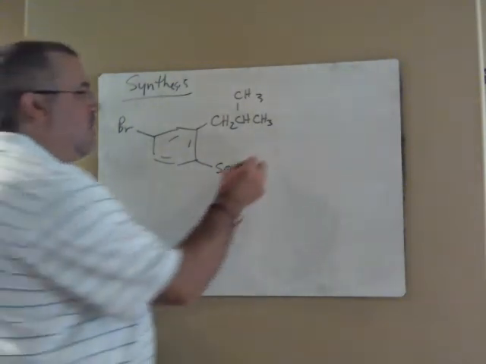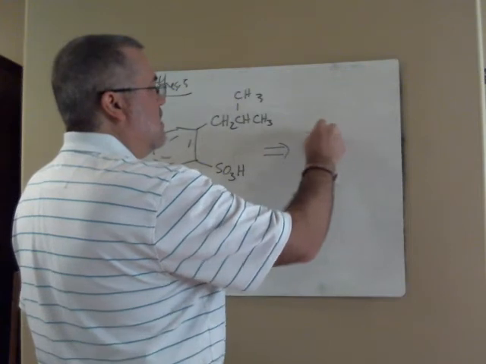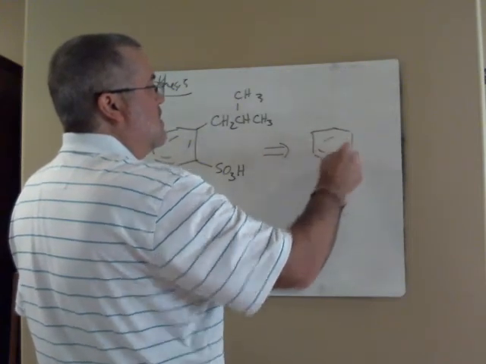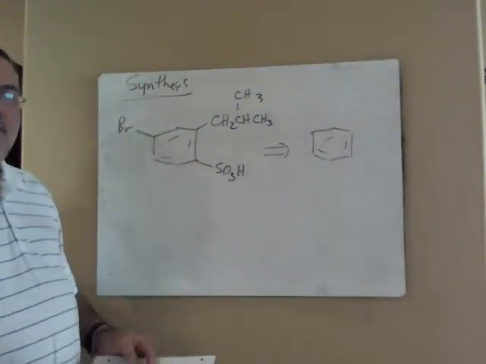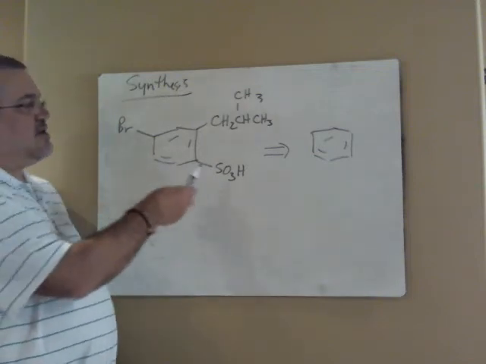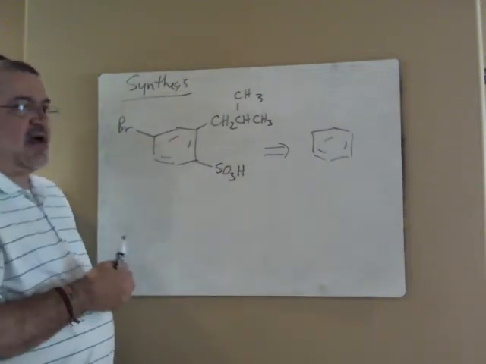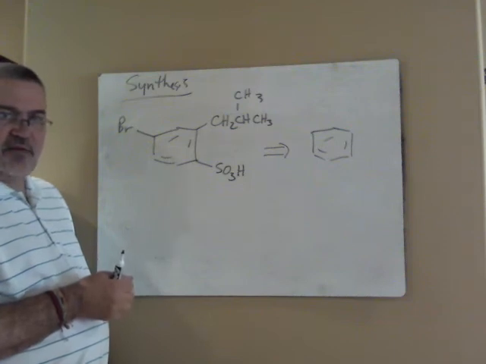Okay, and so we're going to make this from benzene. Okay, and so here would be the point. Remember, the strategy is to look at this and decide which thing went on last.